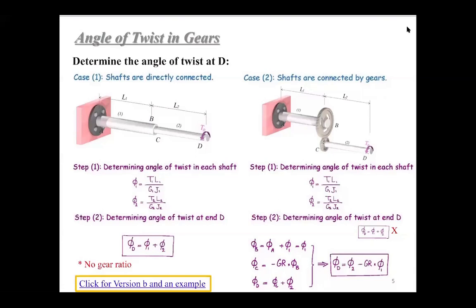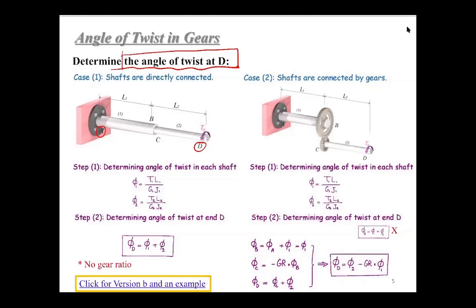Two shafts are directly connected, and our target is to determine the angle of twist at the end D. In this case 1, you just have these two sections, shafts 1 and 2, connected together and fixed at point A. Then you add a TD at the end D, and you are requested to calculate the angle of twist at D. This is the old problem.